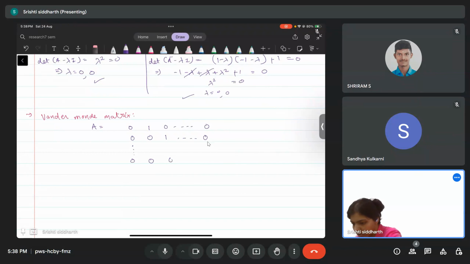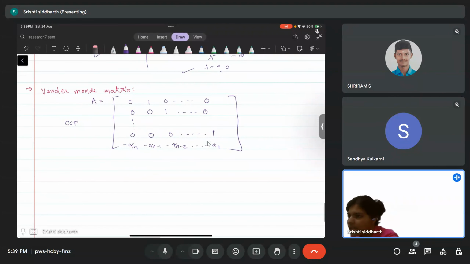And then the second last state is the derivative of the last state. And then we have simply the negative of the coefficients, minus alpha n, minus alpha n minus 1, and so on. This is the CCF form.